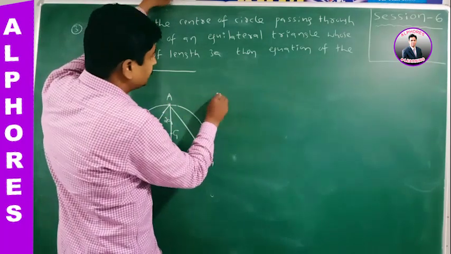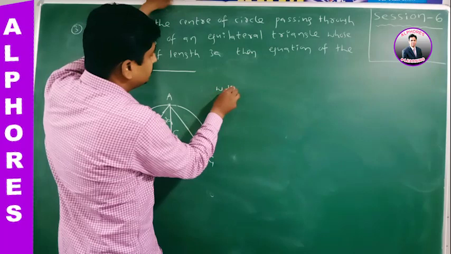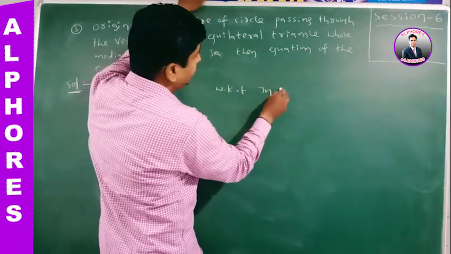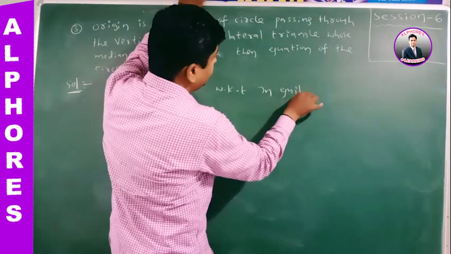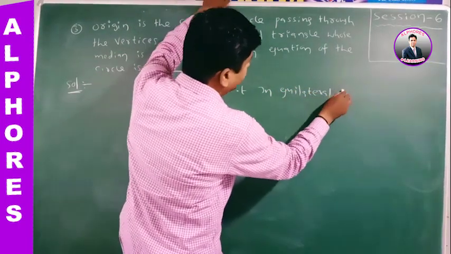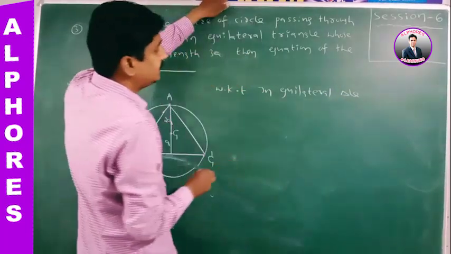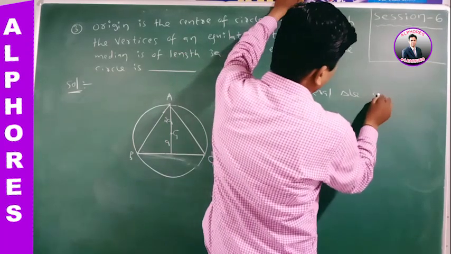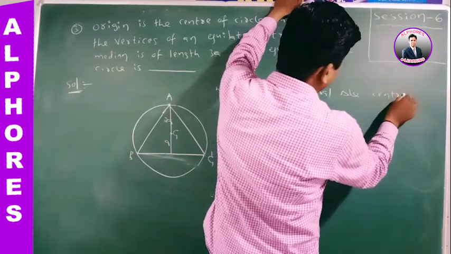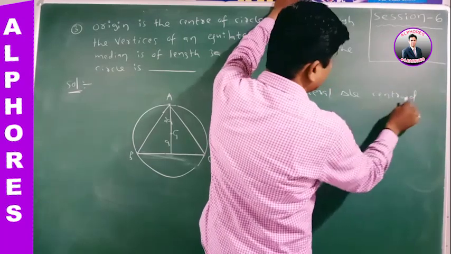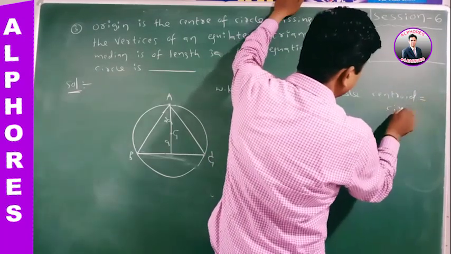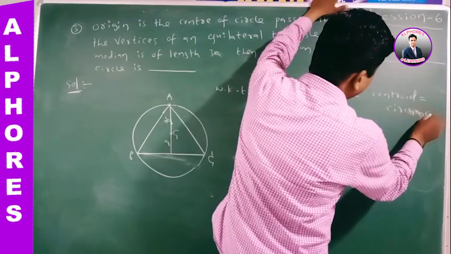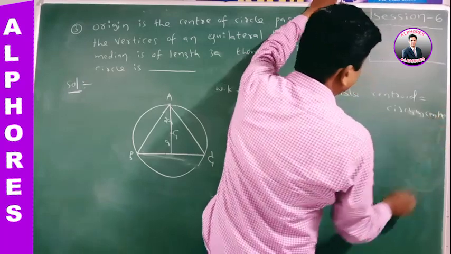Therefore, we know that in an equilateral triangle, centroid equal to circumcenter.